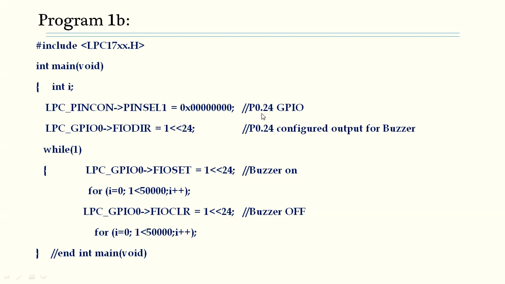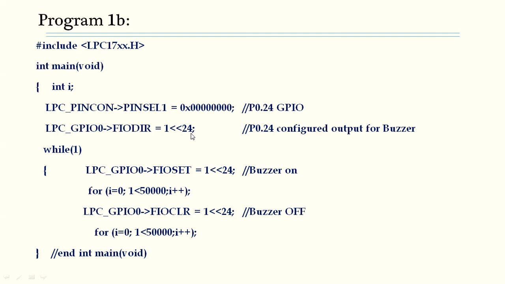Because it's P0.24, which corresponds to that of PINSEL1. Because PINSEL0 is used for P0.0 to P0.15, and the remaining all will be associated with PINSEL1. The FIODIR register used here is made as 1 to configure P0.24 as the output pin.